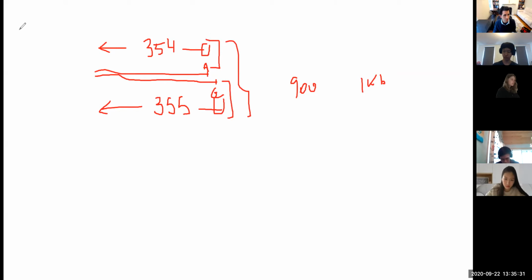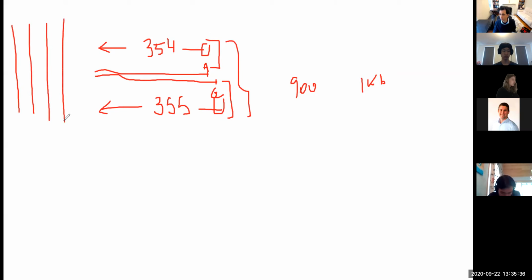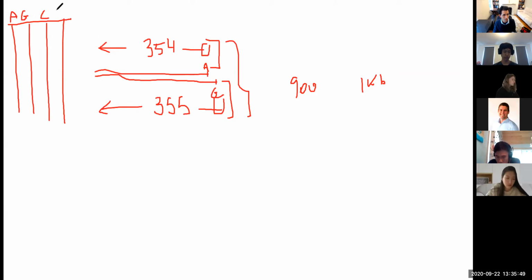And the way that I could tell the difference, in the olden days, was by having four different wells, one with reactions that involve A, one with reactions that involve G, one with reactions that involve C, and one with reactions that involve T. I would grow my DNA by one base at a time, and then see which of these tubes would light up.